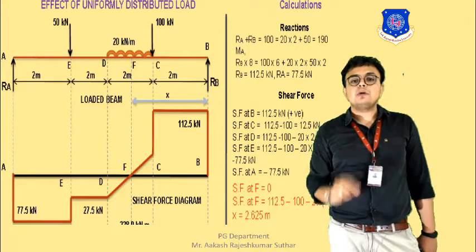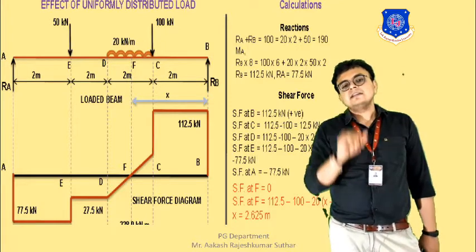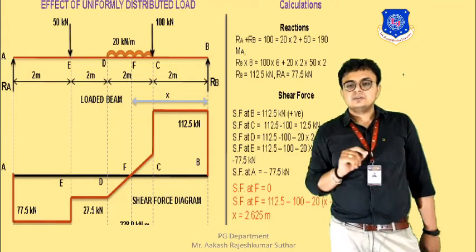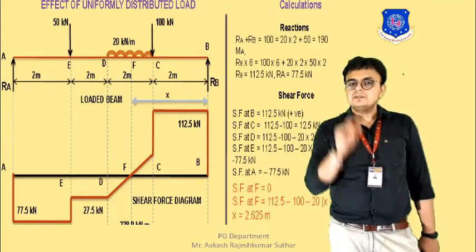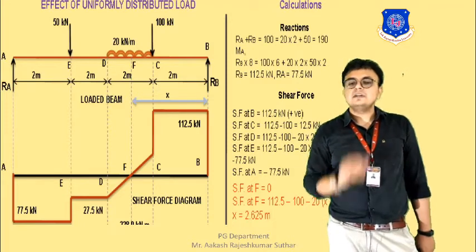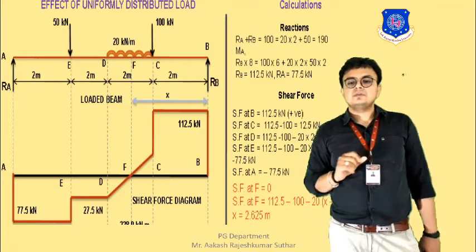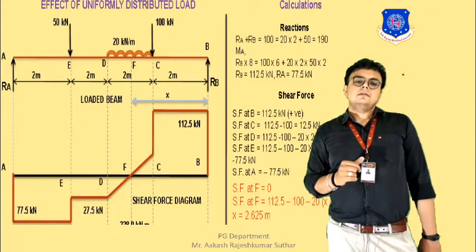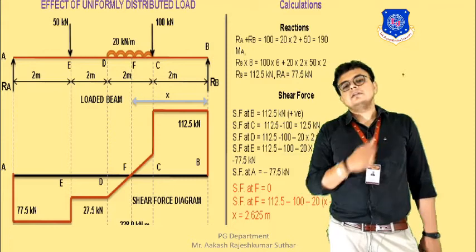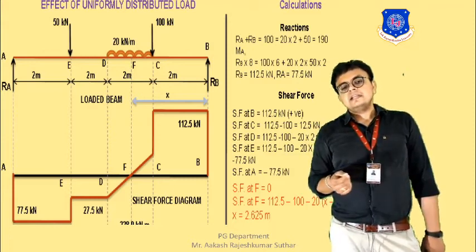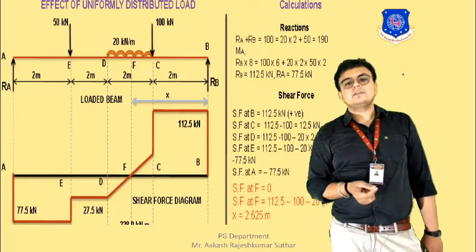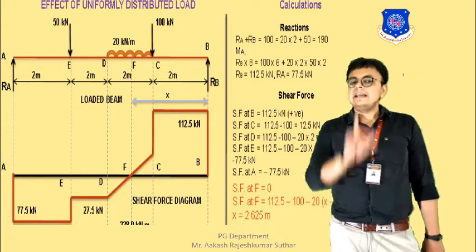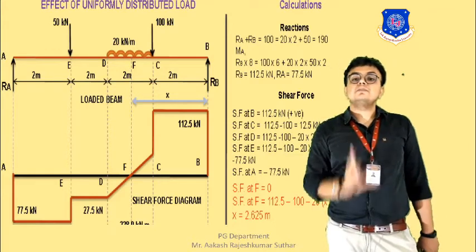At point E we have a load of 50 kilonewton in the downward direction, so minus 27.5 minus 50 gives us a shear force of minus 77.5. Moving further towards A, we have minus 77.5 kilonewton at point A, and exactly at point A we have the reaction of plus 77.5.